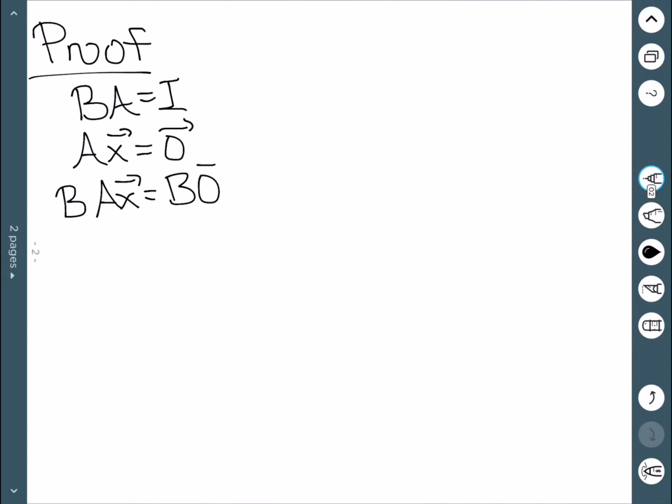We know that BA is equal to the identity. So on the left of this, we have X, and on the right we have 0. Therefore, since this has only the trivial solution, we know that A is invertible.